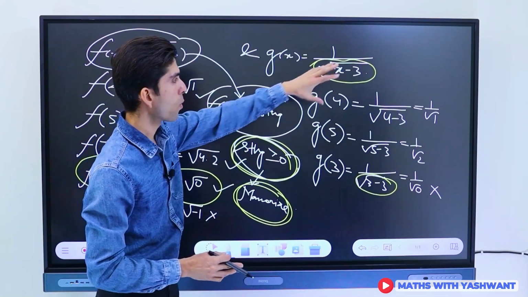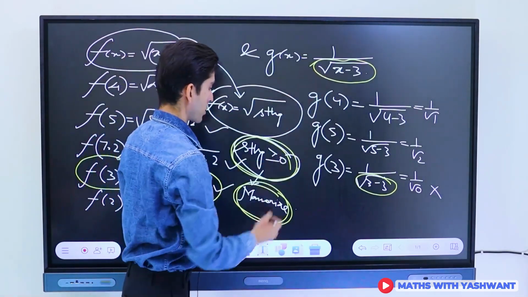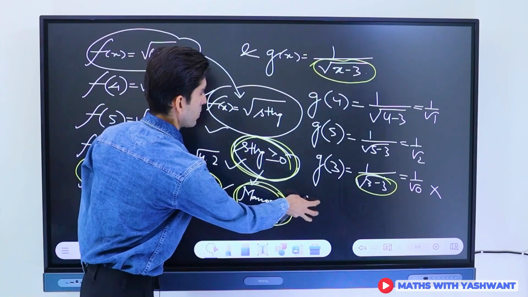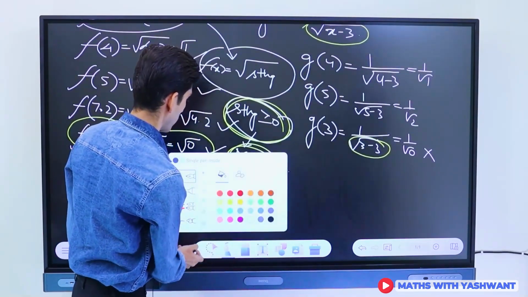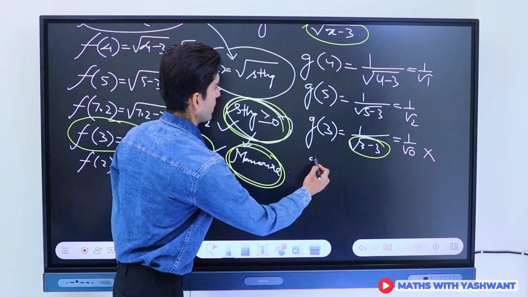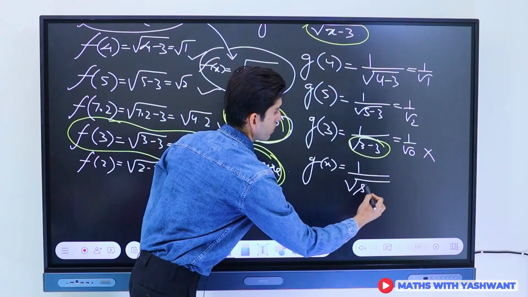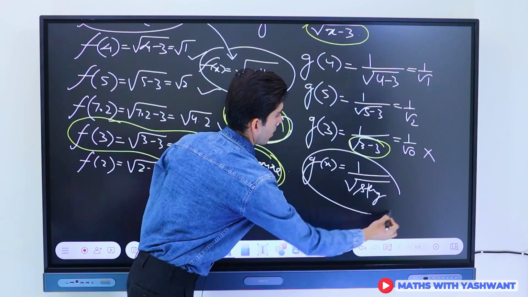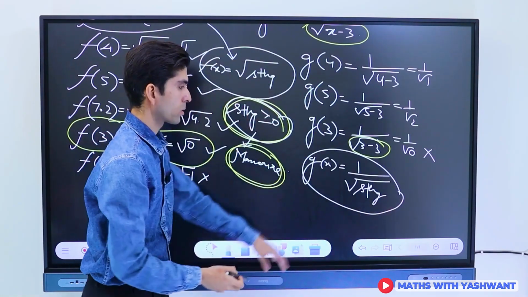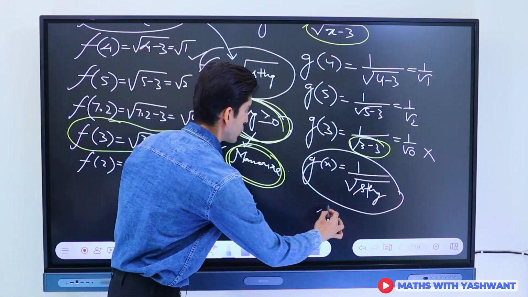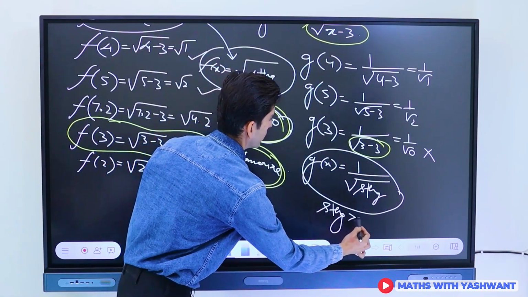So when we have this type of structure, I'll write it for you: g(x) is equal to 1 upon the square root of something. In this case, when we have a square root function in the denominator, our condition will be something greater than 0.